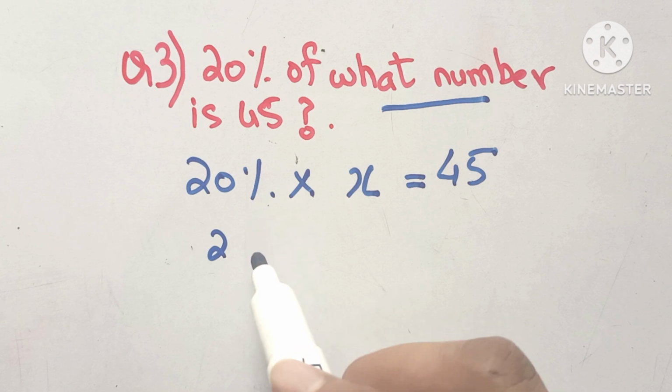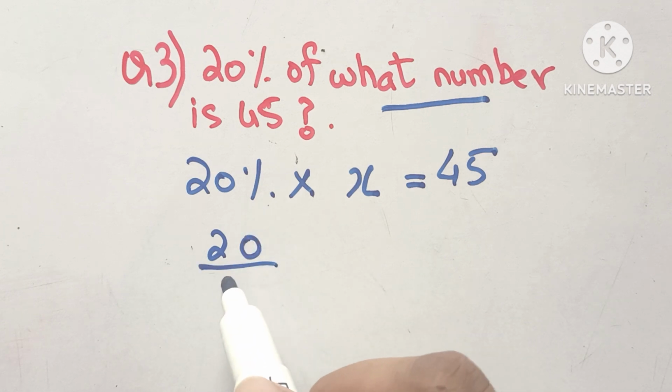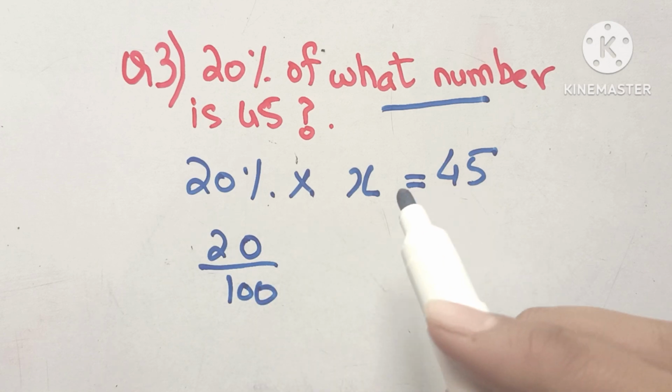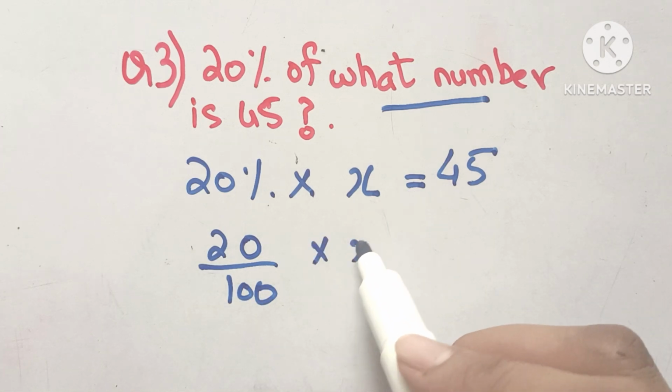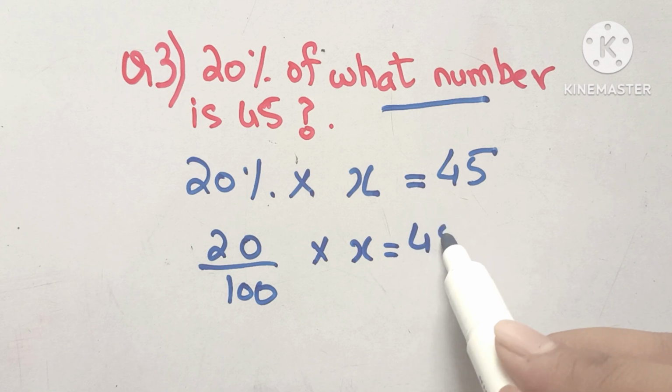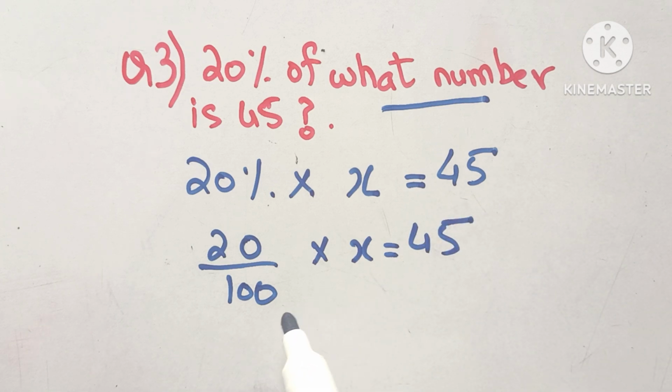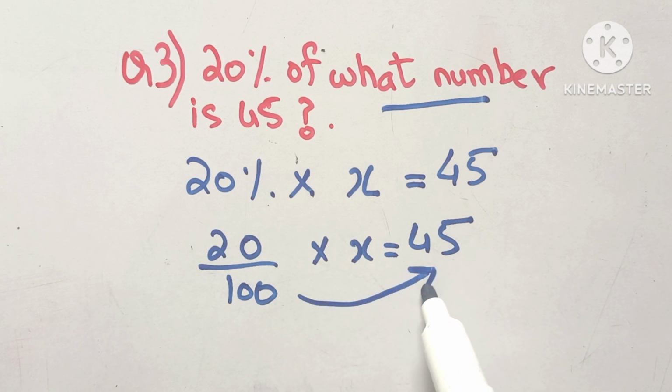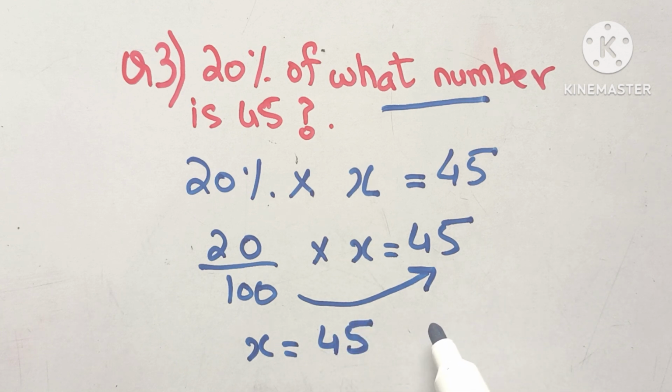Remove this percentage sign and write 100 in denominator, multiply by x is equal to 45. Now 20 upon 100 is on the left hand side and it is multiplied by x. So we will take this to the right hand side, and it will become 100 upon 20.